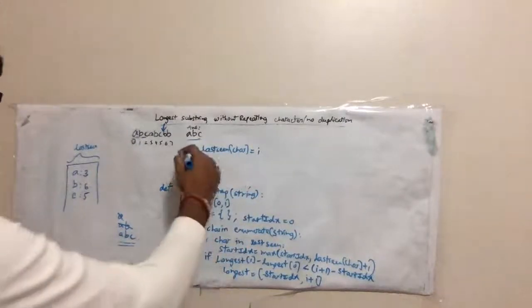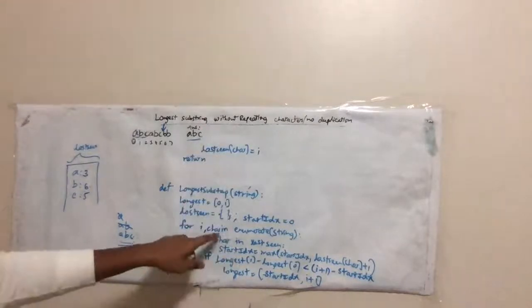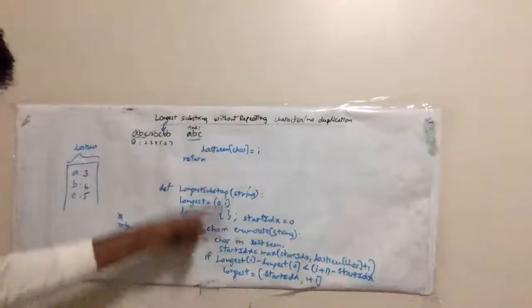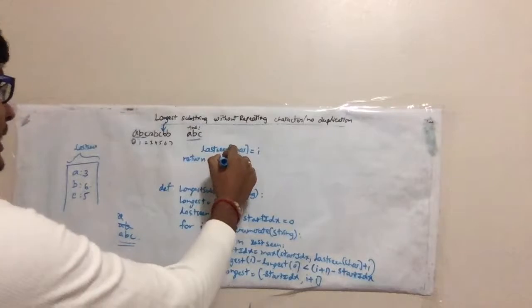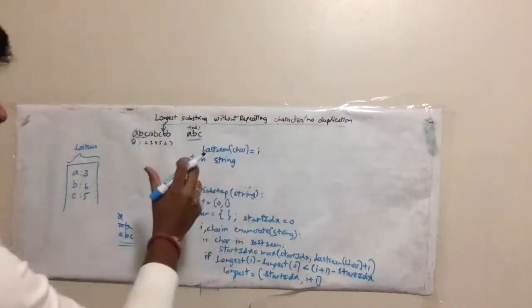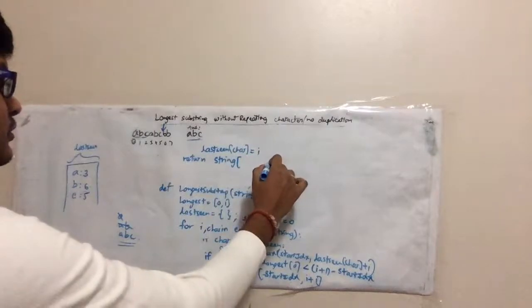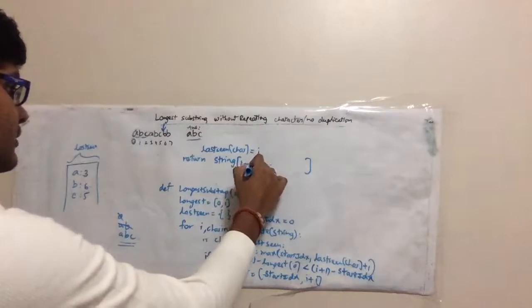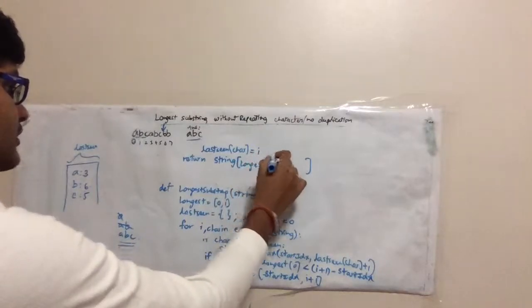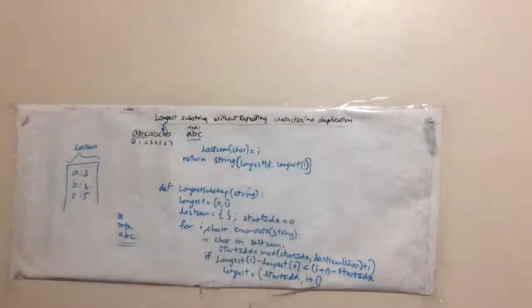We just need to return. We are just calculating the indexes, so we need to pass this as a substring. So call the substring with two indexes, longest of 0 to longest of 1, the new updated indexes.